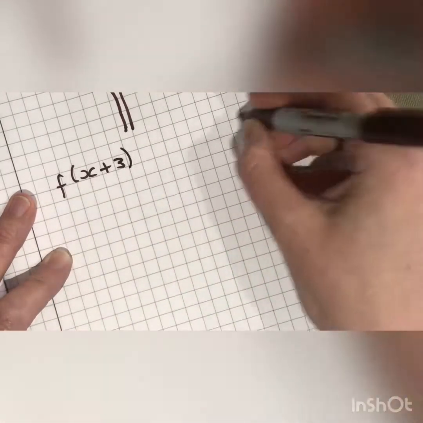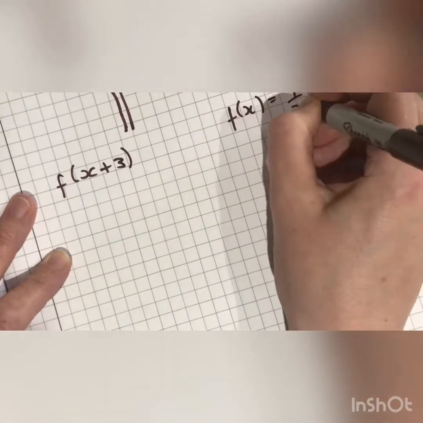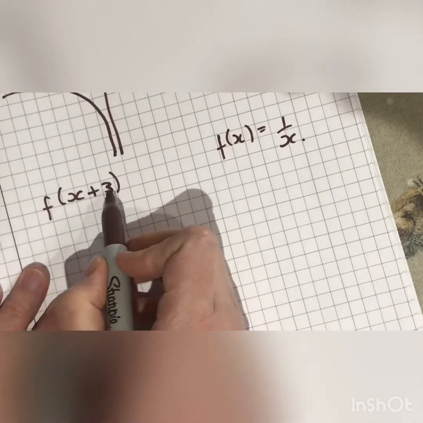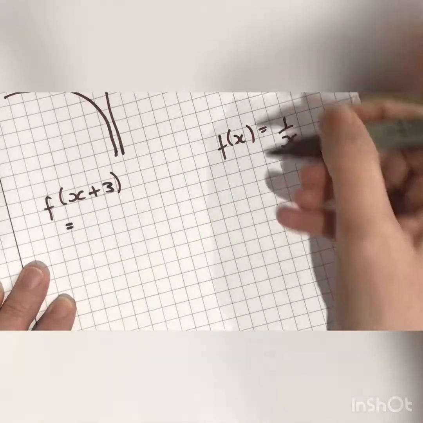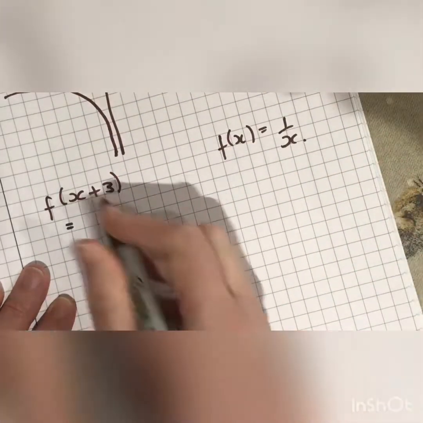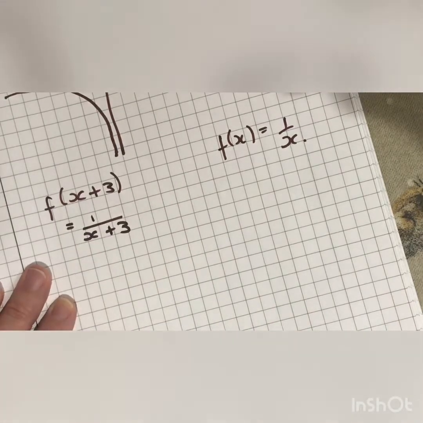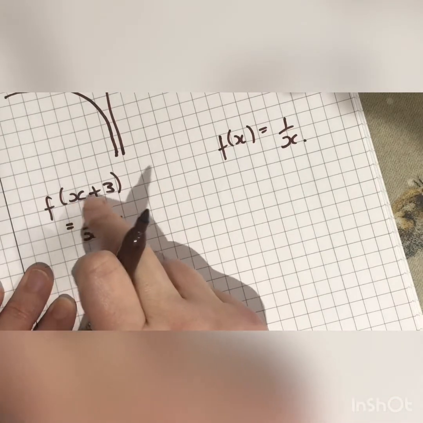So if we make f of x equal to 1 over x, then f of x plus 3 will be inside the function, and the function is to do the reciprocal, flip it over. So this will be 1 over x plus 3. So the ones that are all inside the fraction are happening inside the brackets.